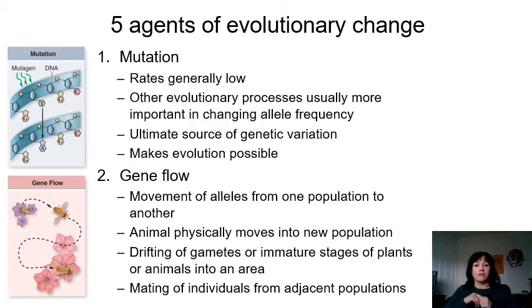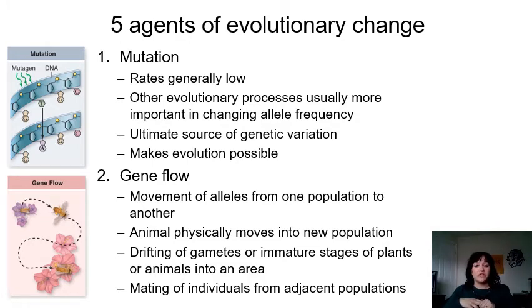Those alleles formed because at some point there was a mutation. And so now you have 2 genes that are very similar in sequence, but there are some changes between them due to mutation. And that is what results in one gene coding for purple flowers and another coding for white flowers, right? So it makes evolution possible.